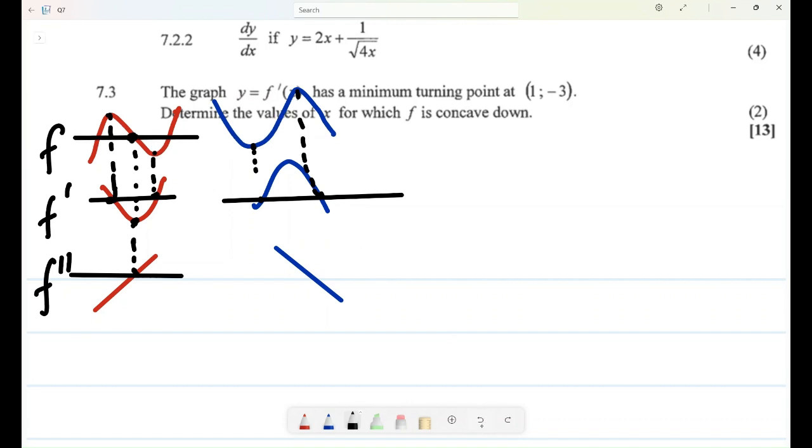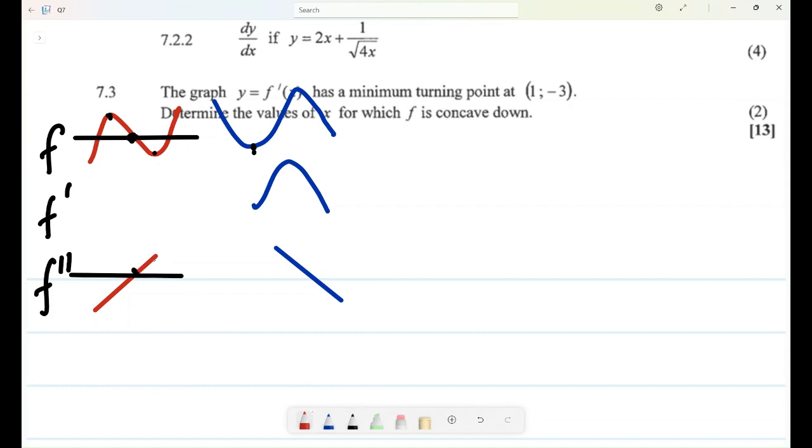Let me remove this and explain what I was trying to explain. Let me erase this mess that I've caused. Alright, here I have a function like this.